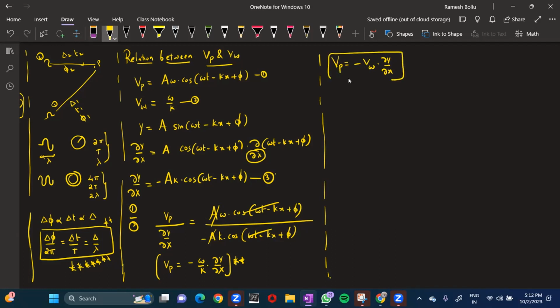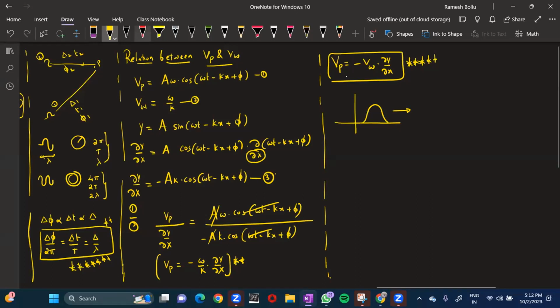Some tricky questions are there to address, and this works like anything. Now, one question I will ask. By applying this equation, everyone has to answer. Are you ready? See, one wave is going like this, in the positive x direction.